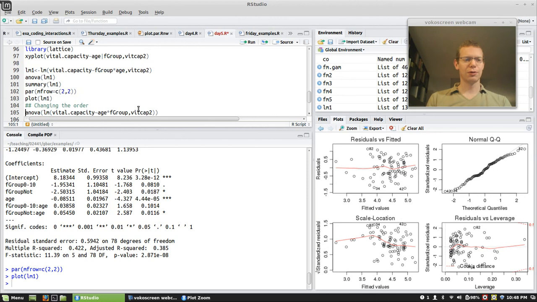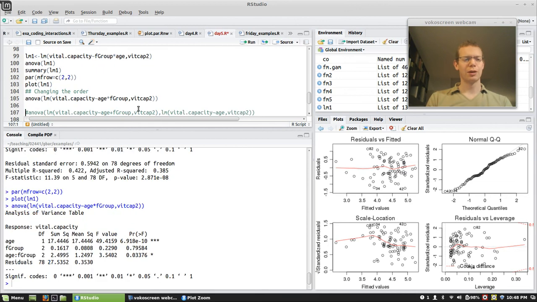And just to see the effect of the order, what we do down here is to say h as the first variable rather than the grouping. So if we do the ANOVA test here, what we'll see is that h is highly significant, but having h first and then adding group does not improve anything, only when we also include the interaction.